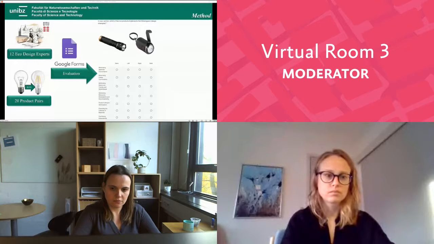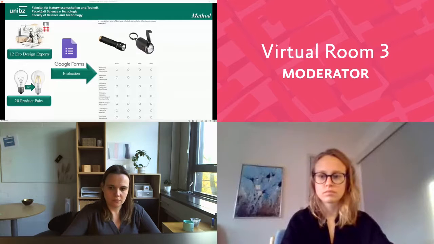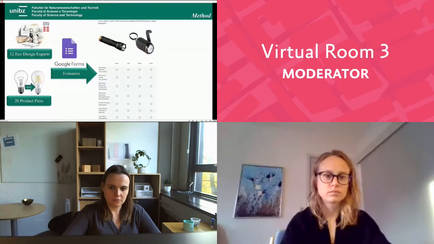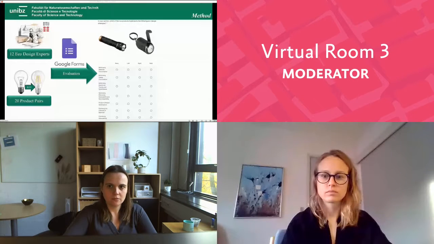The participants could choose for each eco-design strategy if none of the products implement it, if both the products implement it, or if only one of the 2 implements it, and in this case, they had to indicate which one. Eventually, the evaluations were statistically elaborated through the software R.